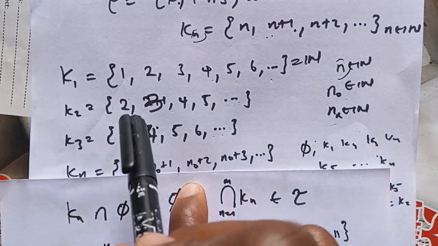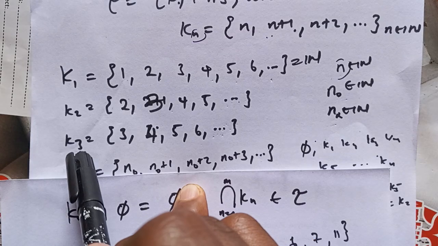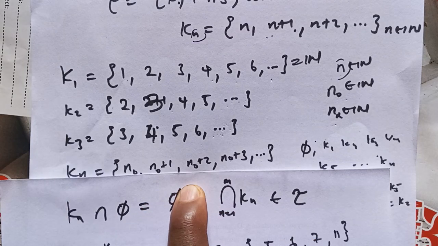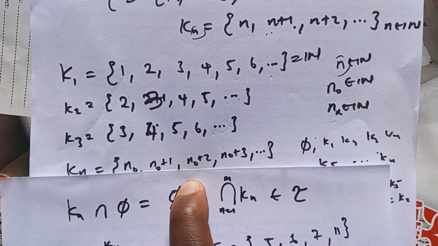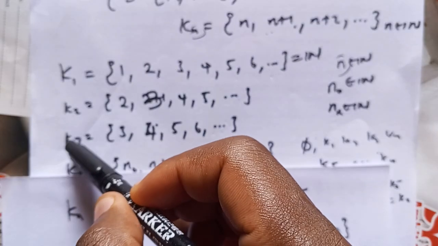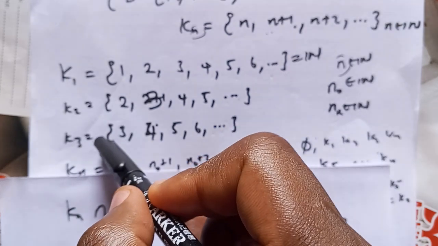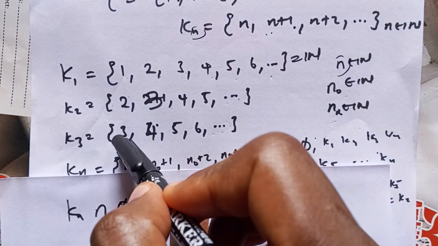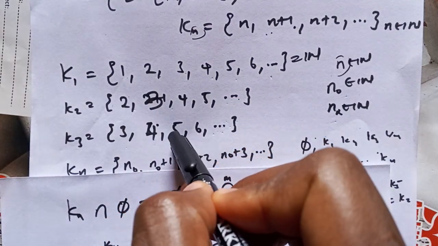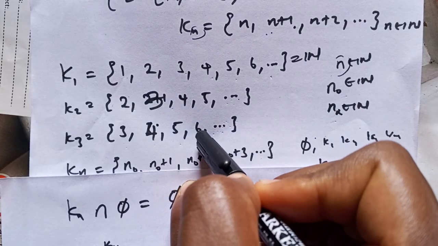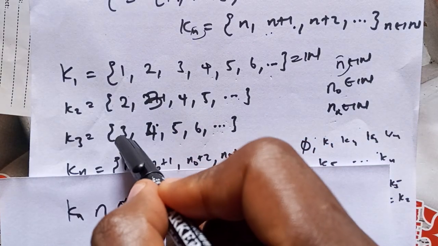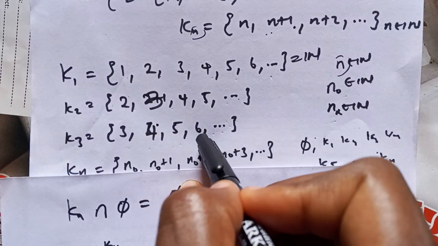Now observe that if the intersection is this set, what is the value? The 3 is an element in the set of natural numbers, so 3 is bigger than 2 and 1, so 3 is the largest. And this set can be written as 3, 3 plus 1, 3 plus 2, 3 plus 3.